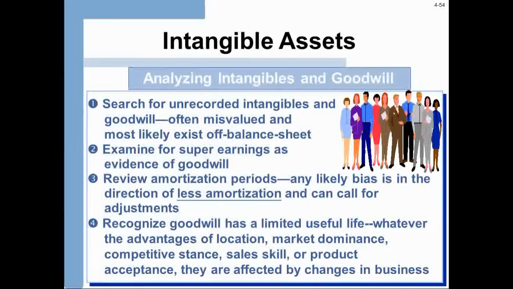So when analyzing, search for unrecorded intangible assets or goodwill. By the way, on these intangible assets, we will be recording amortization. As we discussed previously, depreciation is calculated on the property, plant, and equipment, or hard assets, and on the intangible assets, we calculate amortization.